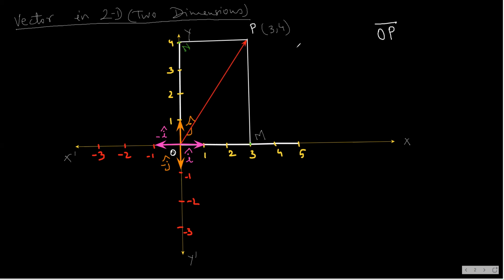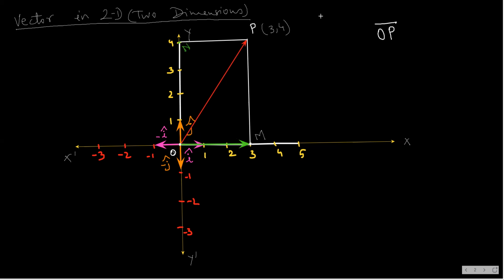Now there are two ways I can reach OP bar. OP bar is nothing but from point O to point P. I can start from point O and go up to M, which is in one direction, that is OM bar.